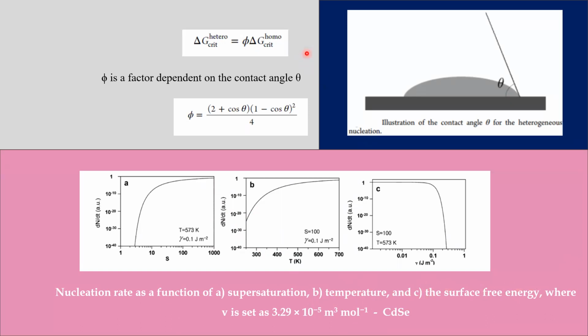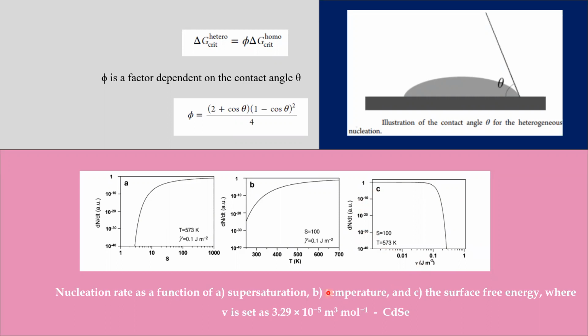When the surface free energy increases, the rate of nucleation decreases. That means when the temperature and supersaturation of the solution increase, the rate of nucleation in arbitrary units increases. But when the Gibbs free energy increases, here explained in terms of gamma, when gamma is increased, dN by dt is decreased.